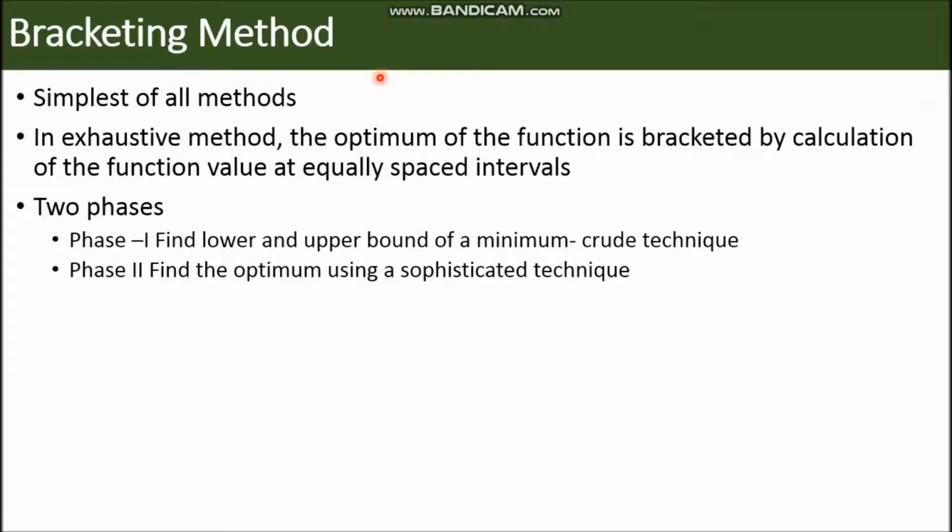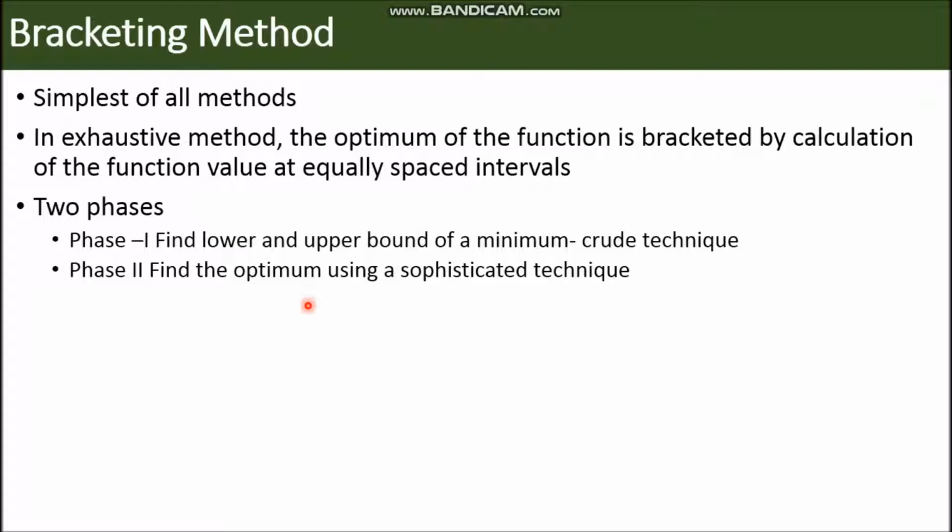The first phase is to find out the lower bound and the upper bound of the function using a crude technique. The crude technique may be like substituting some random values like 1, 10, hundreds, thousands, and you can find out within which bounds your value changes from maximum to minimum.